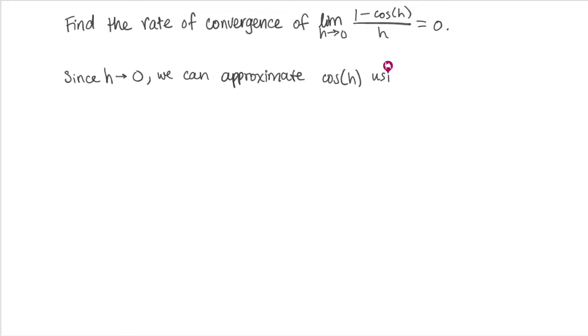We can approximate cosine of h using a Taylor polynomial about h equals 0. So again, h is getting closer to 0, and if we want to think about how this function is behaving as h gets close to 0, we can use a Taylor polynomial about h equals 0.